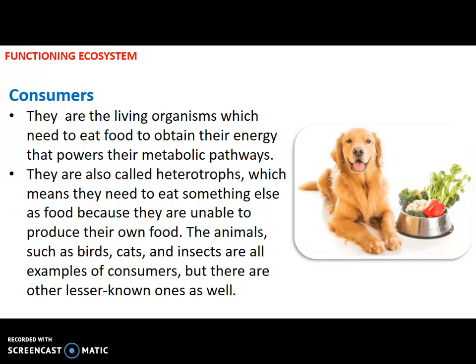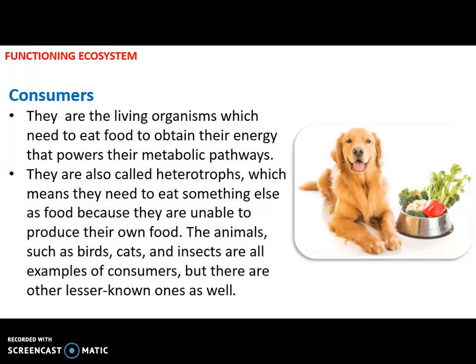All organisms that are unable to manufacture their own food, or organisms that depend on the autotrophs, we call them heterotrophs. Examples of such organisms are you and me, human beings. Birds, cats, insects, they are all heterotrophs.